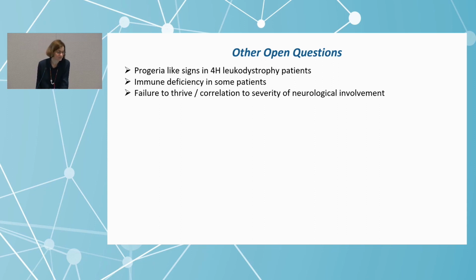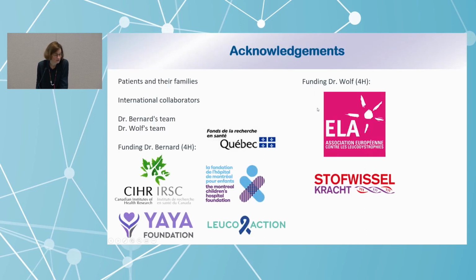We have immune deficiency in some patients, and as soon as you start really looking, for example, at antibody production after vaccinations, we probably find many more children who have those problems. And then the failure to thrive and growth deficit, which half of the patients have. Does it correlate to the severity of the neurological involvement? I would think at least a part of it.